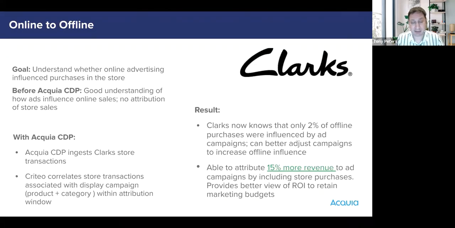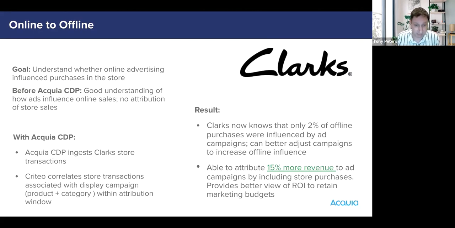Clark's, they brought in a couple of data points, such as their ad campaign information and their store sales. So a couple of integration points. They wanted to understand whether the online advertising was influencing purchases in store. By doing this and looking at the correlations between online and offline, they realized that only 2% of offline purchases were influenced by those digital ad campaigns.